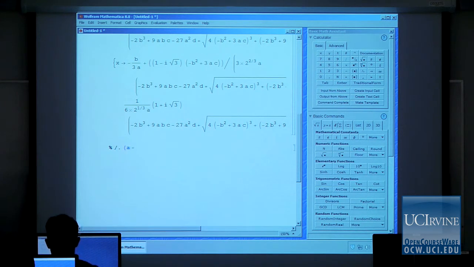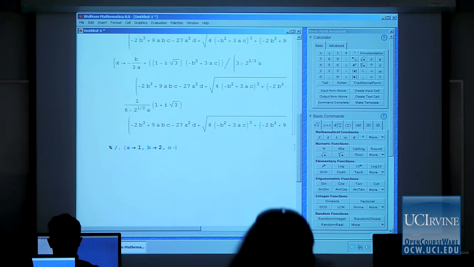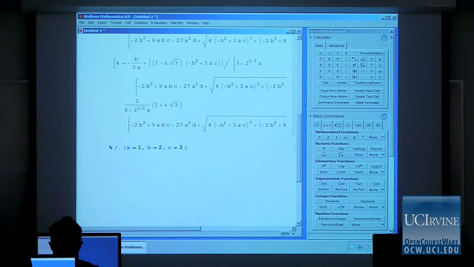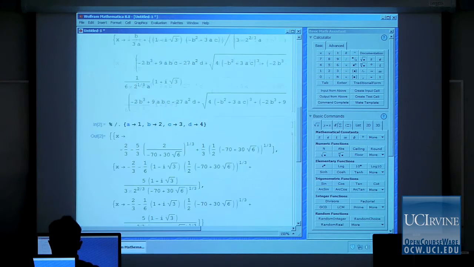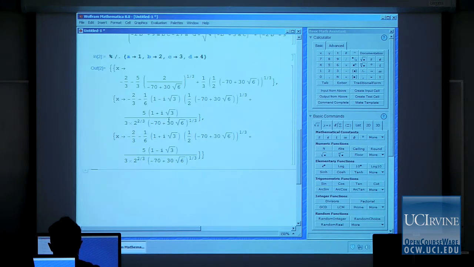A, say, goes to 1, B to 2, C to 3, and D to 4. So this will take those formulas that resulted from the solve command and then plug those numbers in. Okay, so we get nice exact forms.